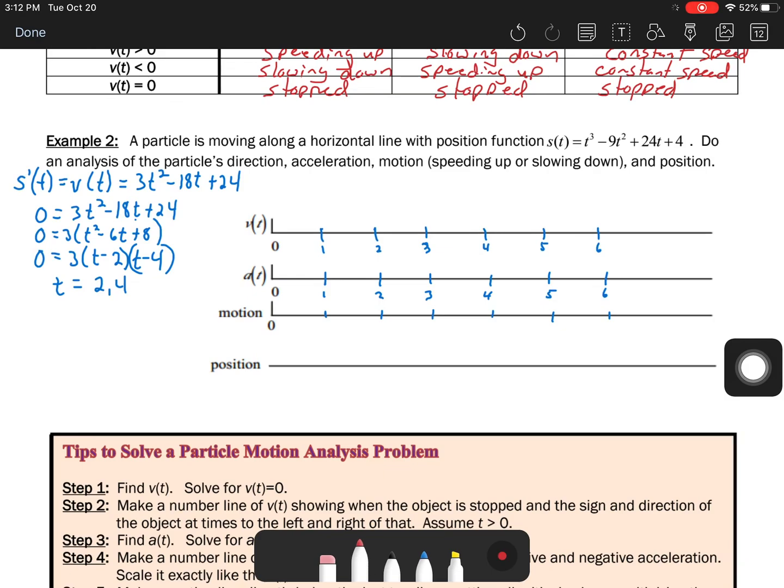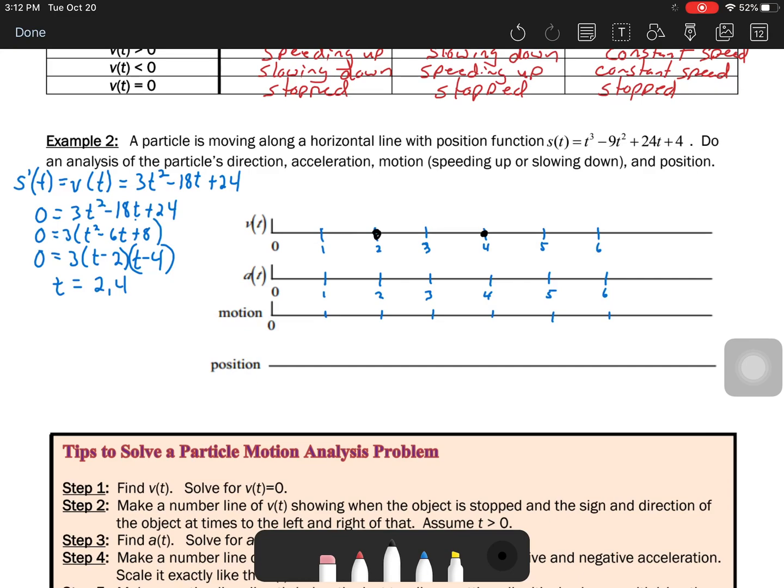So we want to put those marks on the graph, at time 2 seconds right here, and at time 4 seconds right there. It's important to know when it's equal to 0. Now we want to do some testing on either side of this.